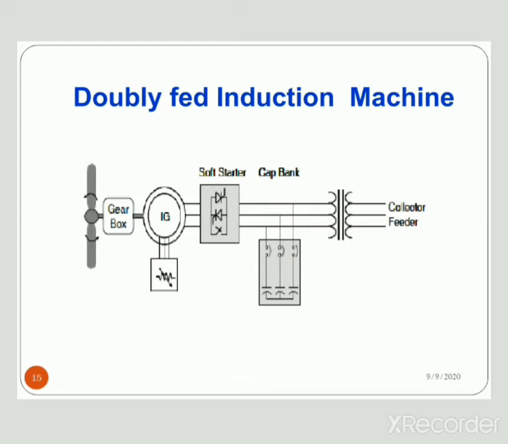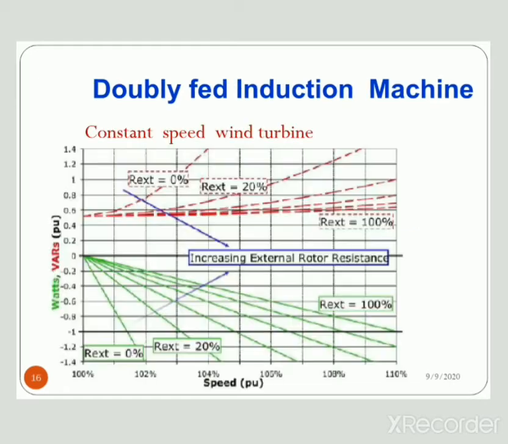According to wind pressure, the gear in the gearbox is automatically increased or decreased. So however fast the blade rotates, the gearing system automatically changes, and the induction generator is activated and produces electrical energy.